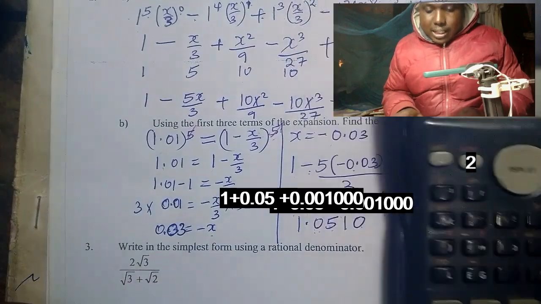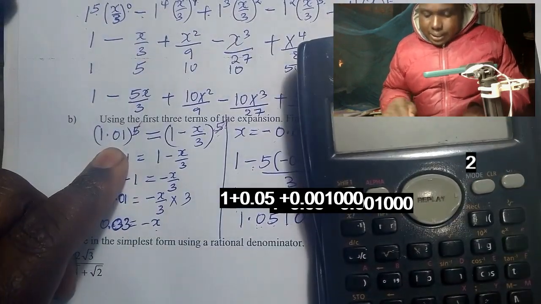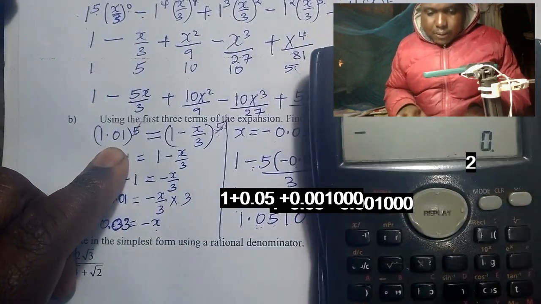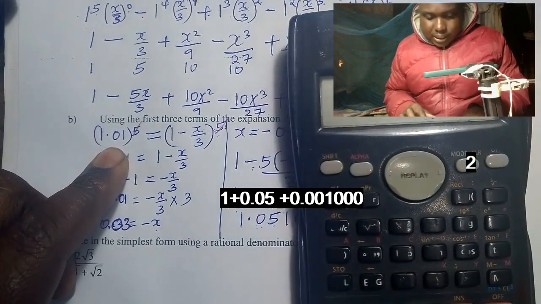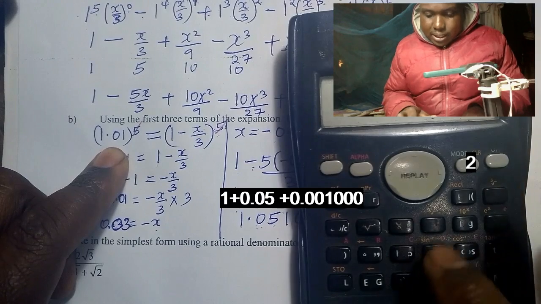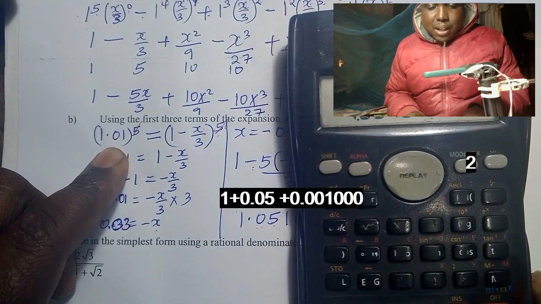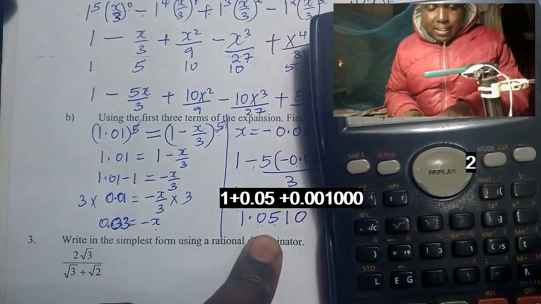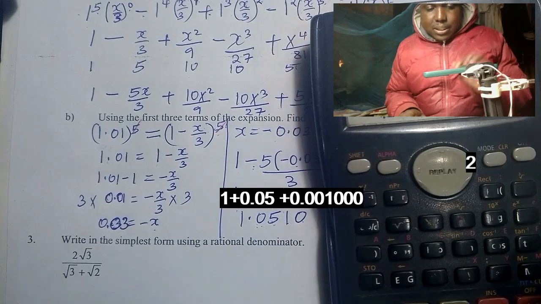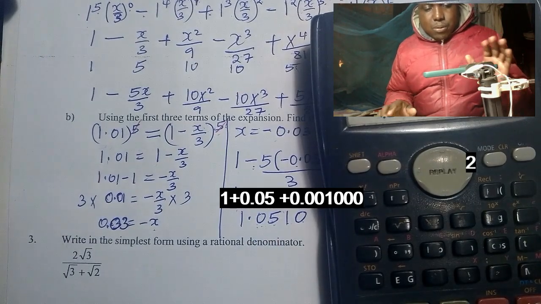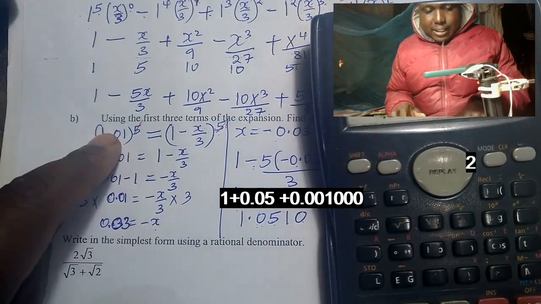So you put your calculator there and press 1.01 raised to power 5. And then you confirm that you have done the right thing. Very good.